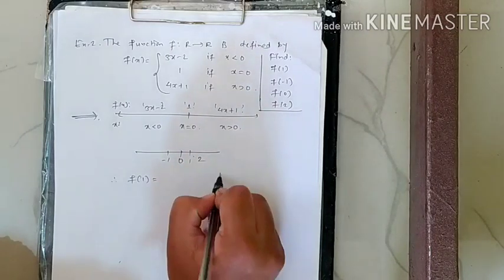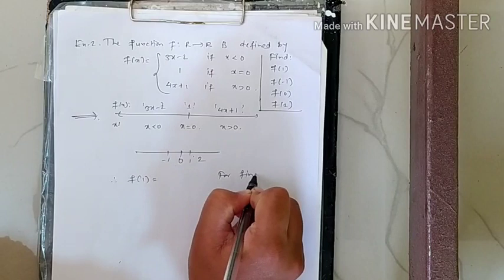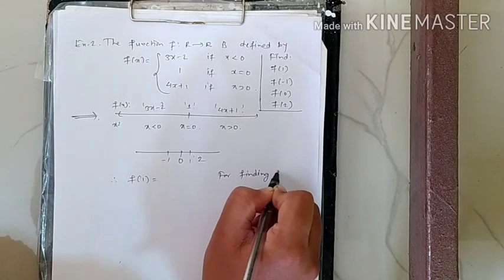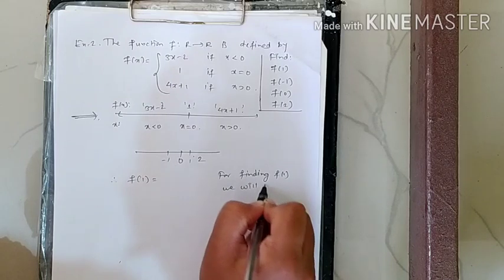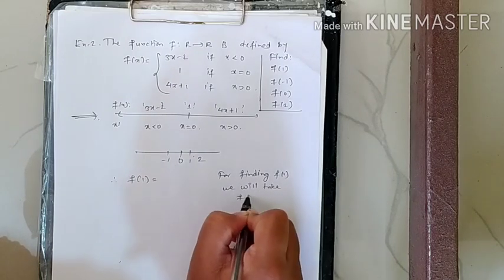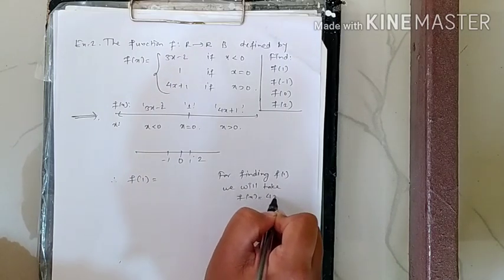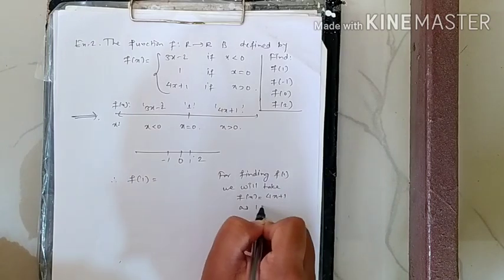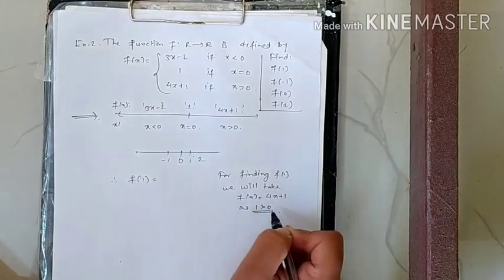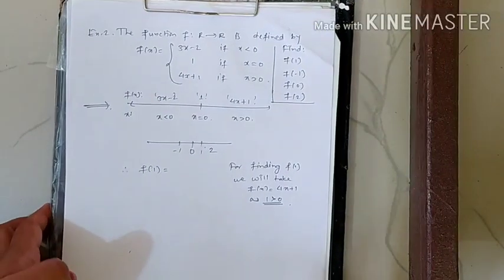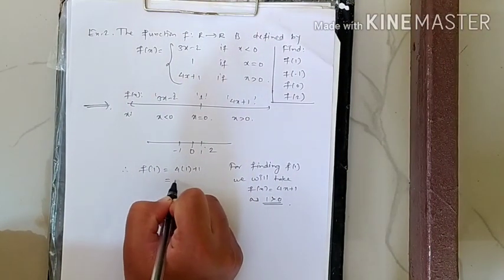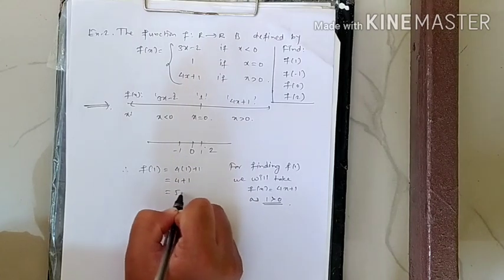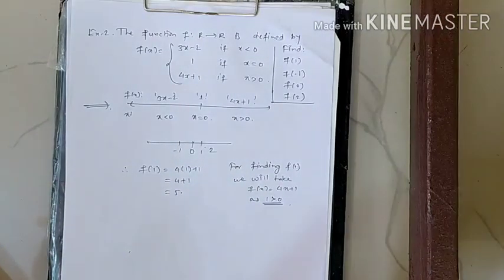So for finding f of 1 we will take f of x equals to 4x plus 1 as 1 is greater than 0. Getting? So f of 1 is 4 into 1 plus 1, that is equals to 4 plus 1 equals to 5. Getting student? Any doubt?